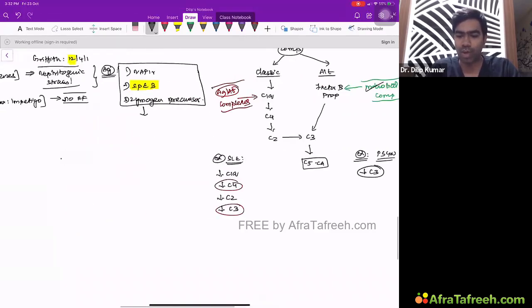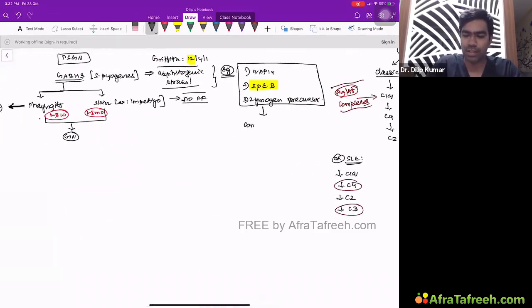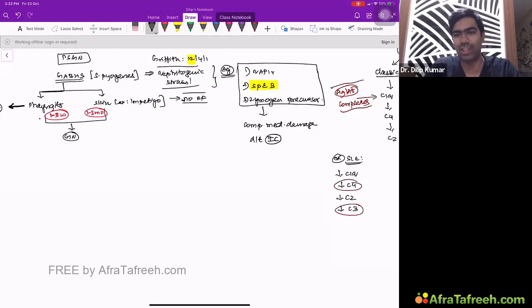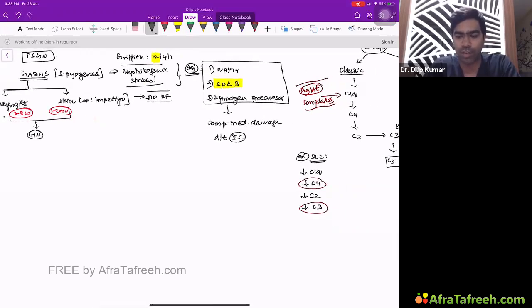So PSGN is more of a complement-mediated damage that is happening due to immune complexes. Most often it is a complement-mediated damage due to development of immune complex, and more often this is a circulating immune complex. So that is going to get deposited in the kidneys and produce a lot of problems.